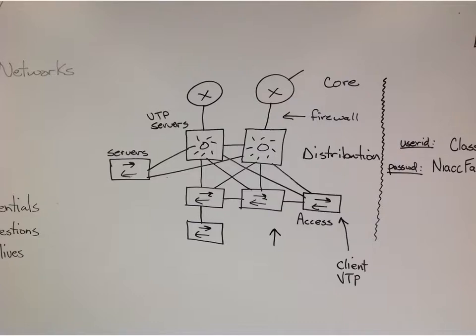Here we talked a little bit more about the access layer. We were going over some of the quiz questions. So we have access in, so we have our end devices, access in, and then we distribute the information. We could have servers that we distribute information to, or we could send the information out.